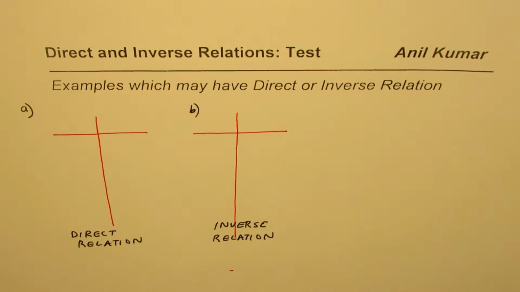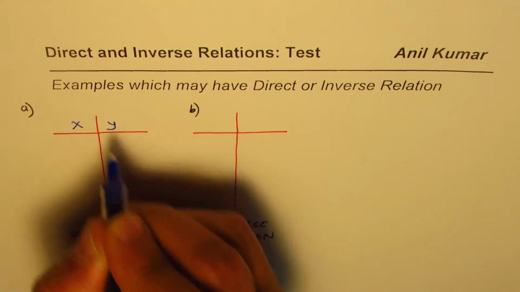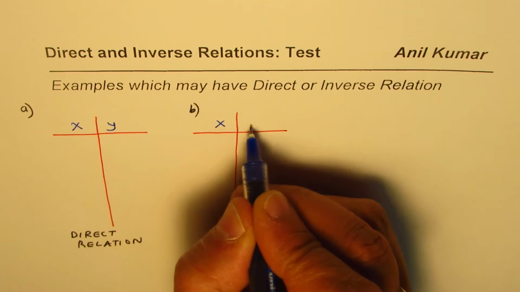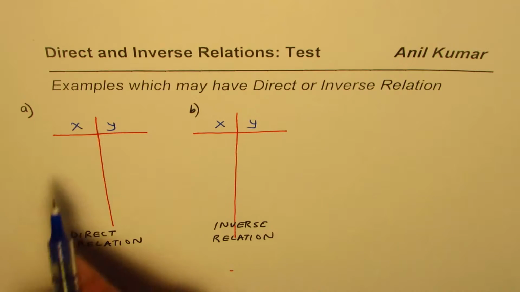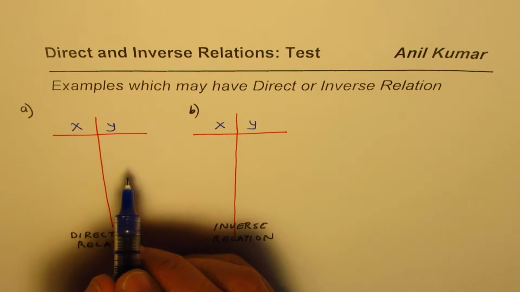So you have to fill in the values where the left side is the independent variable x, and the right side is the dependent variable y, right? So that is how it is. We want these values to be a direct relation. Let me give you some, and you may fill up the others, right?